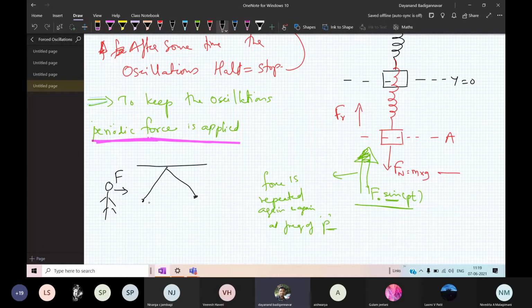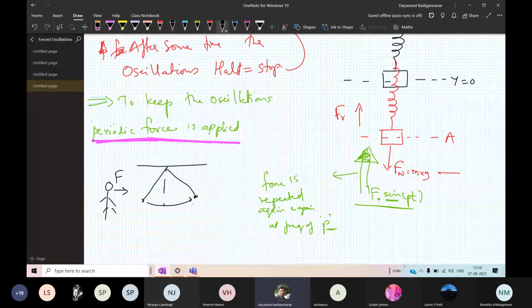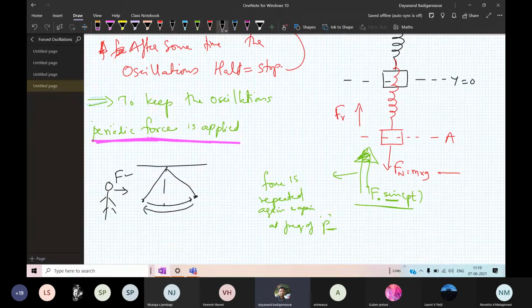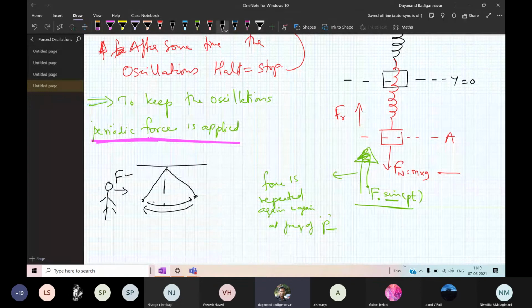It is going to this point and it comes back. Once it comes back, again he is applying the force. After that, again it is going to repeat. It goes from A to B. From B it comes back. Whenever the swing is at A, your friend is applying the force. So, say for example, the period of oscillation.